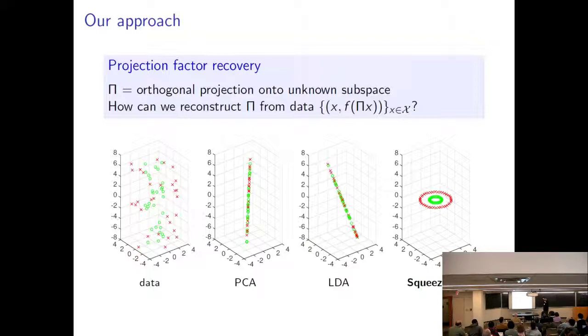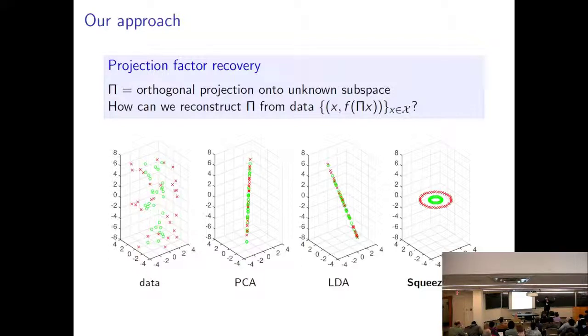So the second half of my talk, we'll talk about real-world implementations, and the theme is going to be that the way SqueezeFit is not nice is that it's much slower than PCA and LDA. And LDA in particular is really good when your data is Gaussians that are well separated.